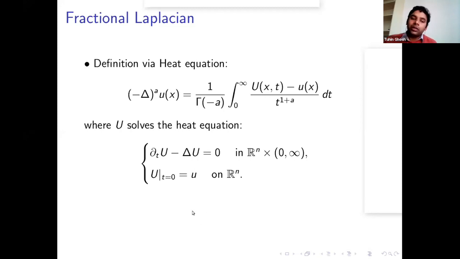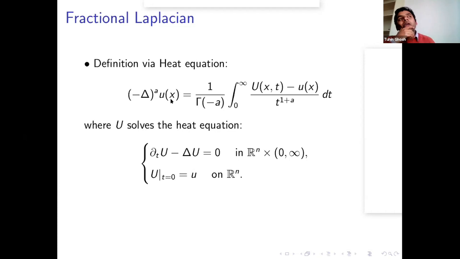You simply consider the heat equation with the initial data, the Cauchy problem at t equals 0 with this u. And if you define this formula, U(x,t) minus u(x), divided by t to the power 1 plus a, and then you integrate over time, you get back the fractional Laplacian of u at this point.